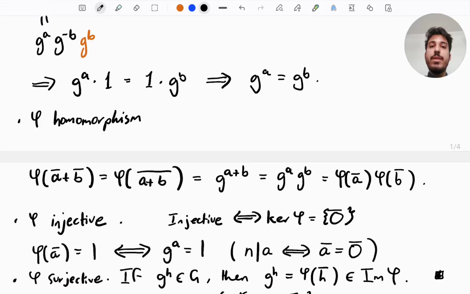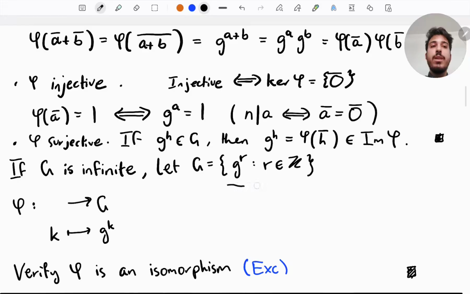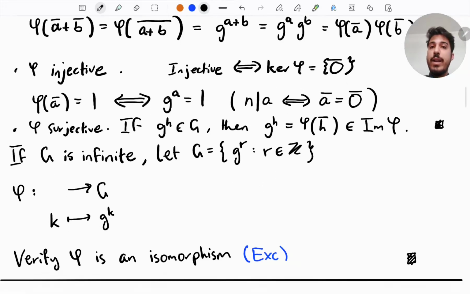Now, for the infinite cyclic group, if G is infinite, we will let G be equal to g to the r, where r is any integer that we want. And to give you a hint on how to proceed, the construction of phi will be going from all the integers Z, not Z mod nZ, to the group G, giving the same exact construction where the integer k is mapped to the kth power of g.